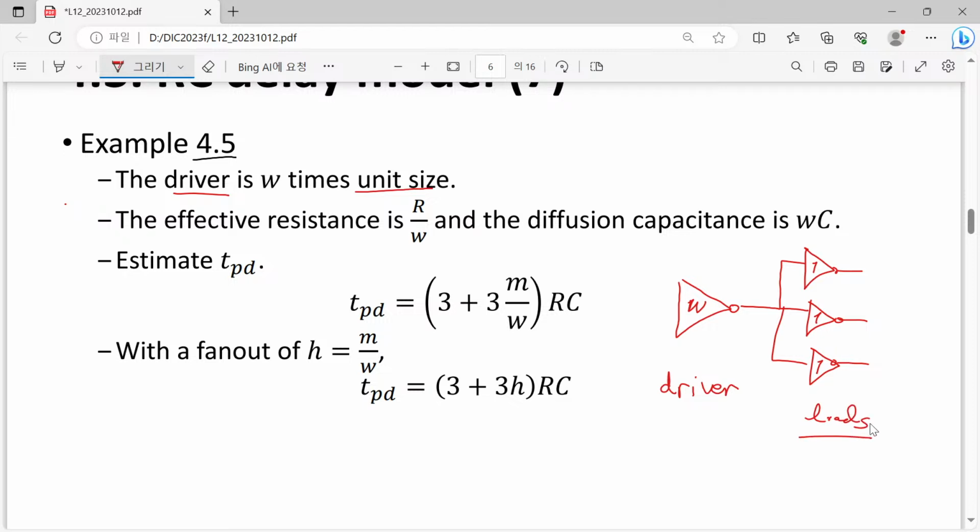So we are now working with this case. Then what is your expectation? Load is the same, however the driver becomes more powerful.